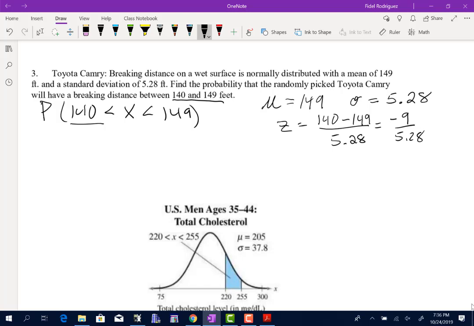And how much was it? 1.70? Okay, guys, let's do the same thing again. Z is now going to be, what's the next number we're going to take? 149 minus 149 all over 5.28. Y'all coming up with 0?